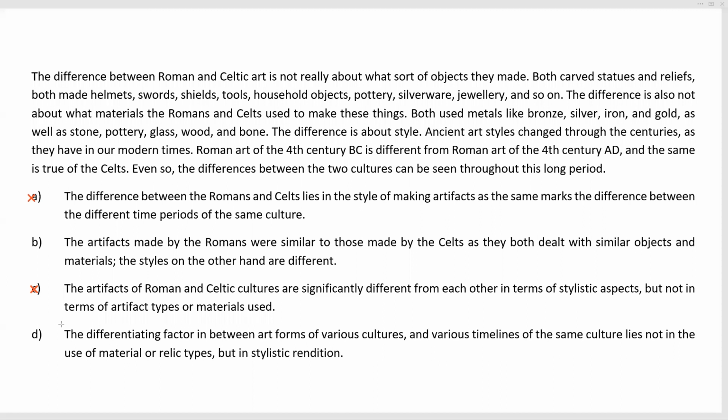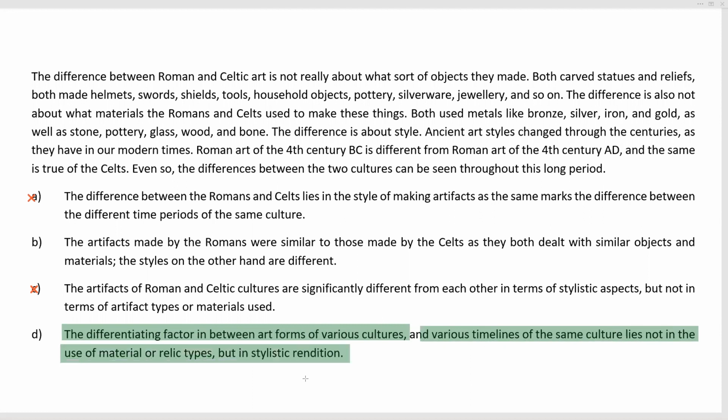Option D says the differentiating factor between art forms of various cultures and various timelines of the same culture lies not in the use of material or relic types, but in stylistic rendition. Now, we come to an impasse because both of these options seem close, but what is the difference between the two?